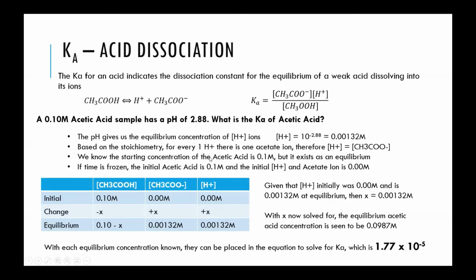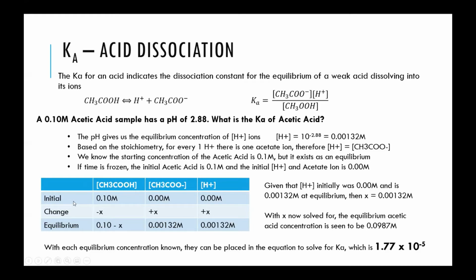So going through these types of ICE tables, you're looking at if time was frozen. If you mixed all these together at time equals 0, initially in this example, a 0.10 molar acetic acid sample has a pH of 2.88. What is the Ka?